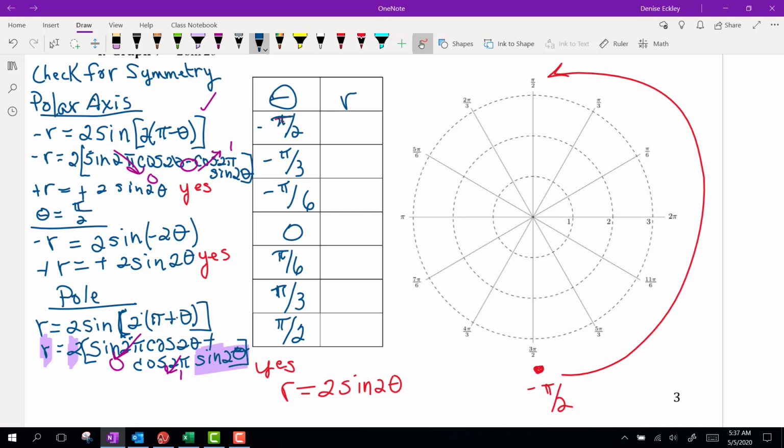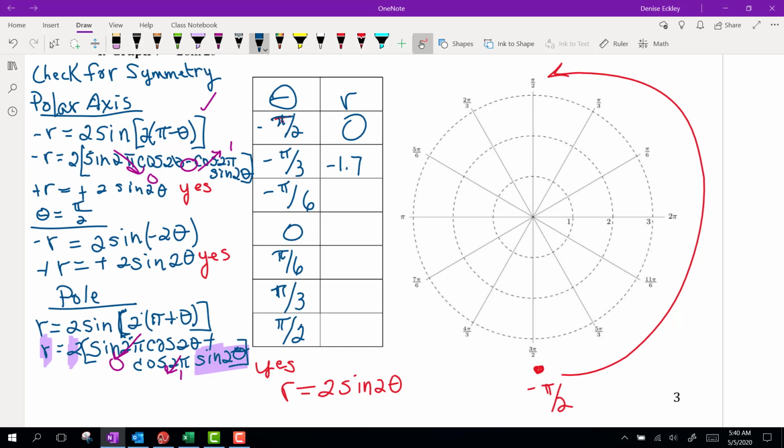Okay, then substituting in negative pi over 2 multiplied by 2 will give us a negative pi, so sine of pi is 0, so this is 0. Negative pi over 3, the sign will be negative, so I'll have negative 1.7 when I substitute that in.